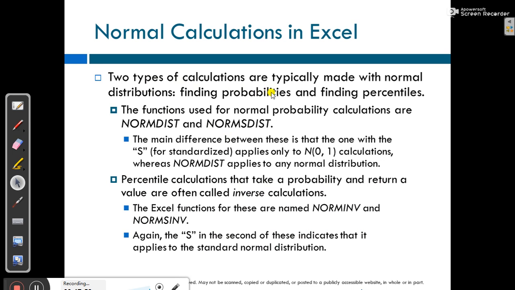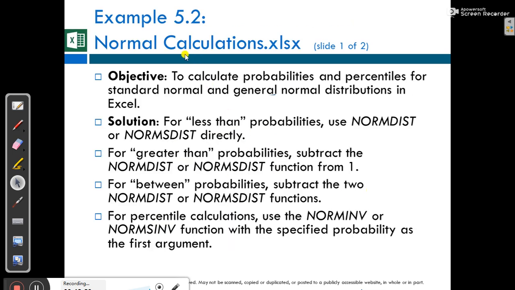Two types of calculations are typically made with the normal distribution: finding probabilities and finding percentiles. The functions used for normal probability calculations are NORM.DIST, and NORM.S.DIST for the standard normal. For percentiles, it is NORM.INV, the inverse, actually. You can use these functions in Excel, so try to go through this. The objective is to calculate probabilities and percentiles for the standard normal and general normal distribution in Excel.